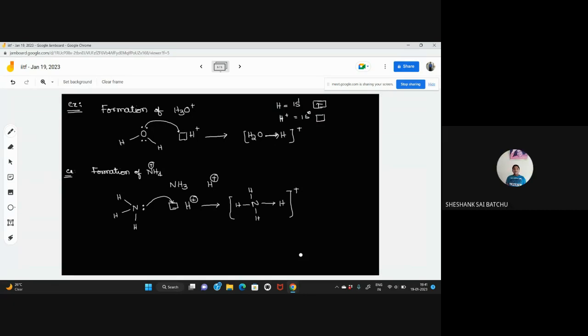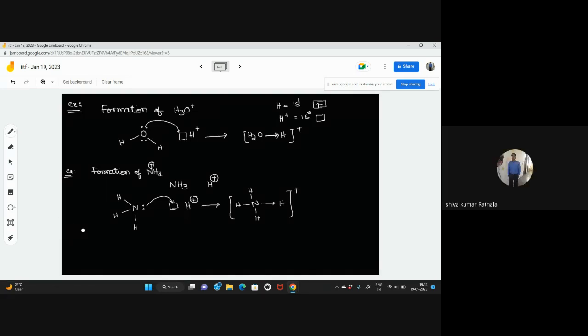That lone pair is given to that vacant orbital, right? Sir, I have a doubt. In the first example, hydrogen already has 1 electron, so if 2 electrons are given it will form 3, sir? Hydrogen has 1s1, but the species is H plus. Oh, okay, sir.